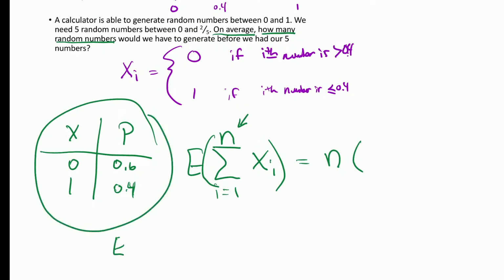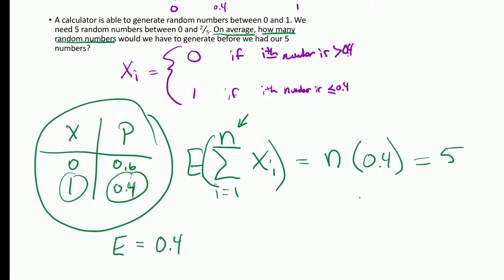We never did the expected value. I think you're probably figuring out that the expected value is always 1 times the probability of 1. So there's the expected value if I did n of those. Now I want this to equal 5, so I can solve. N is 5 over 0.4.